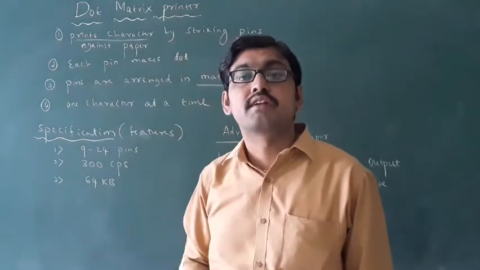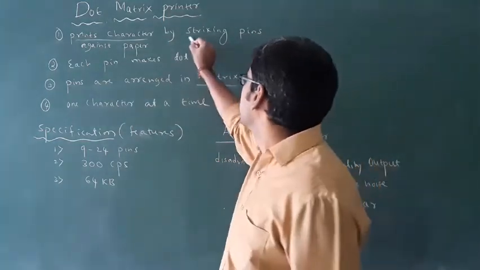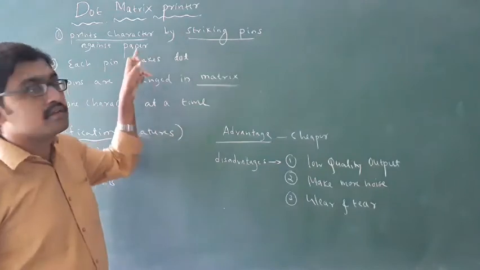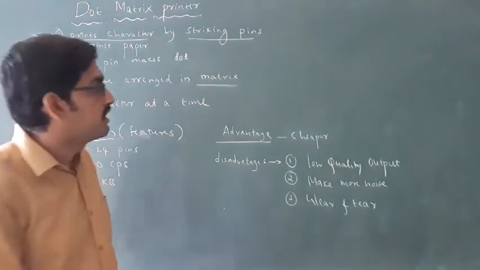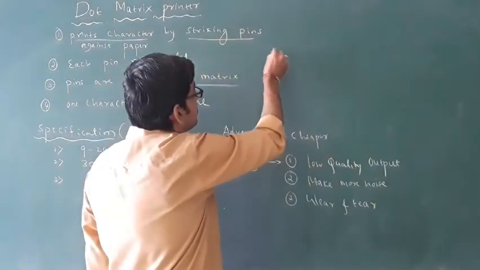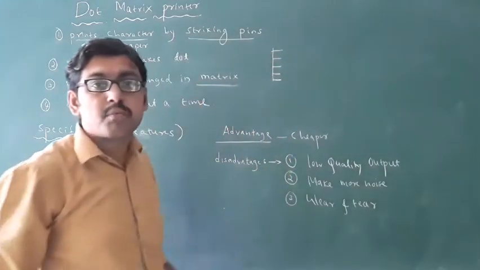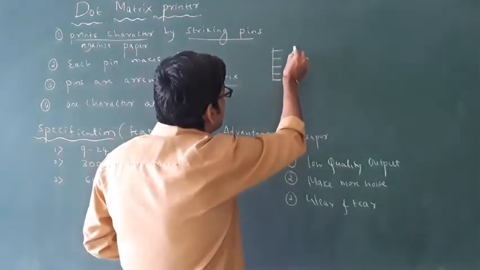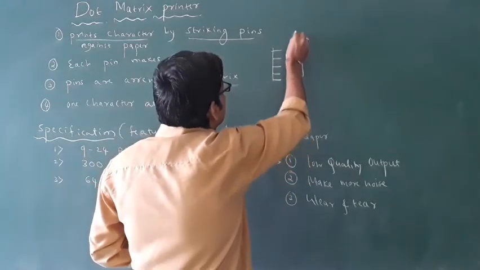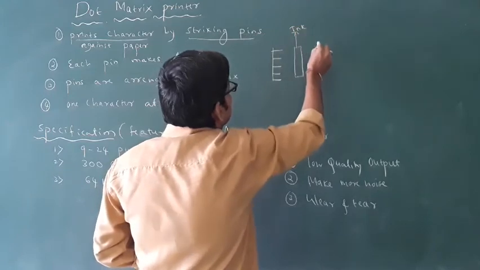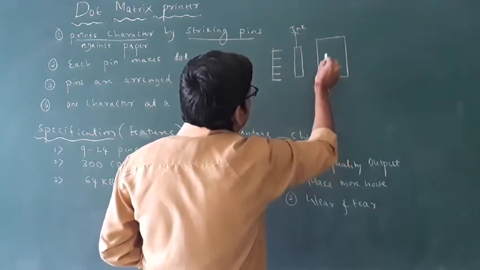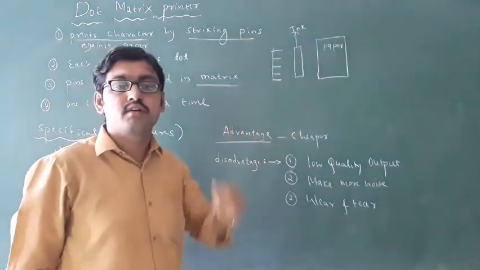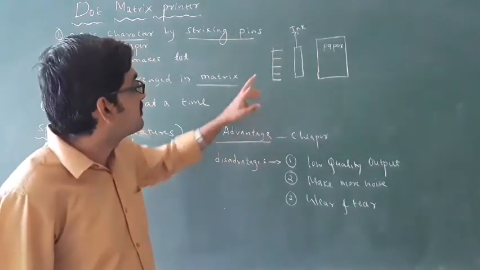It prints a character by striking the pins against the paper. In a dot matrix printer you have pins. In the middle you have ink, and this is the paper. How does the dot matrix printer work?